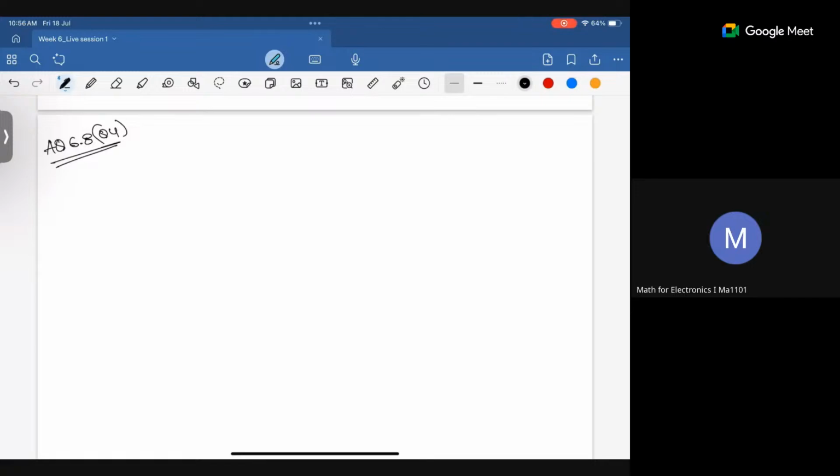Question 4 is actually related to question 3, which we have solved. Given f of x like this, 1 plus x minus x square on the interval 0 to 1.